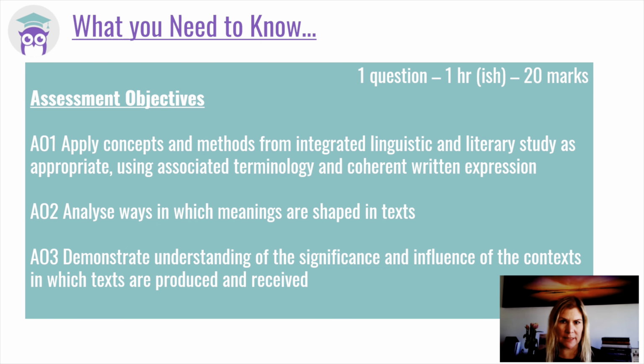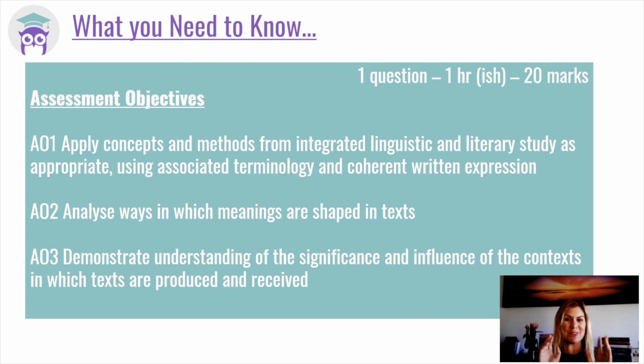Okay, so let's just look at the basics of the question and the assessment objectives. So obviously this is section A of the whole of paper 2. Now you get 2.5 hours for this paper, but the marks are weighted differently. So this one is actually only worth 20 marks, whereas the comparison question is worth 30.